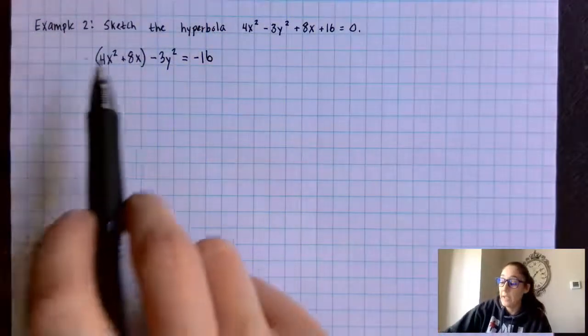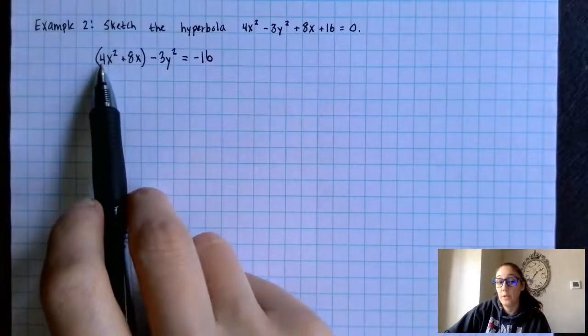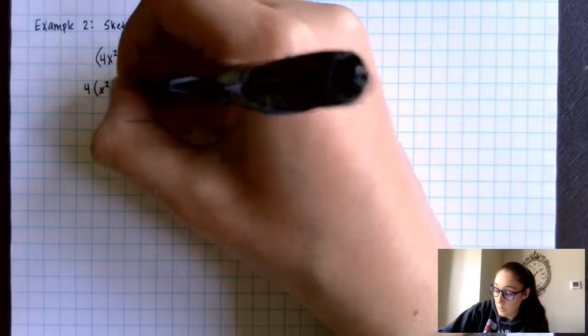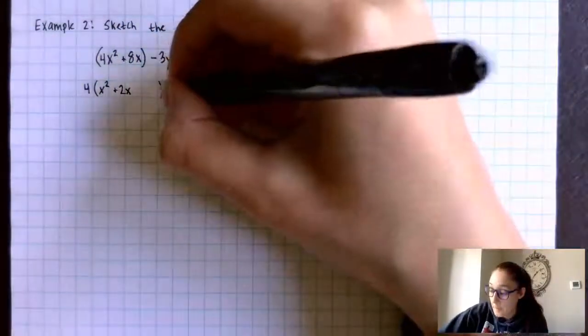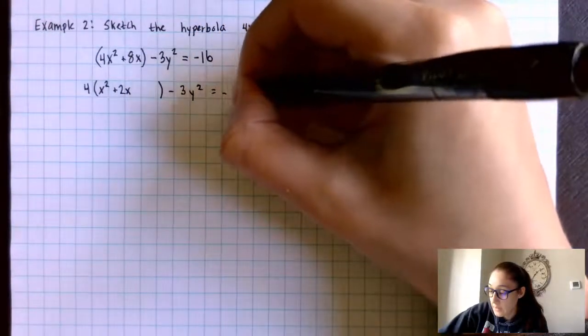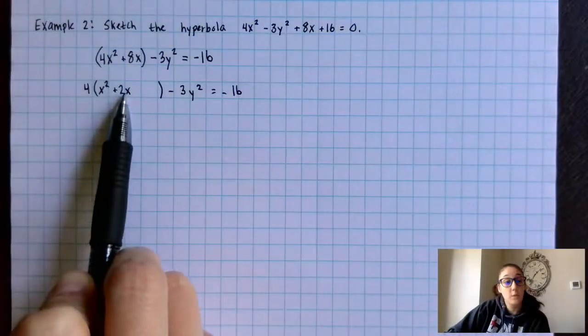So let's go ahead and complete the square, but first remember that your x squared coefficient always has to be 1. So before I can complete the square, I have to factor out that 4. So I have x squared plus 2x, and then I'm going to have some value here, minus 3y squared equals negative 16. So to complete the square, we take b, we divide by 2, and then we square it.